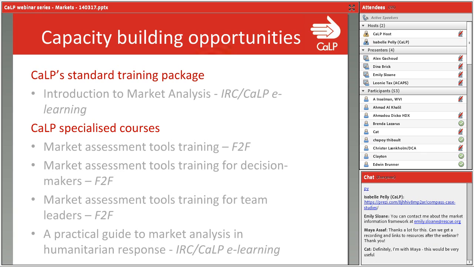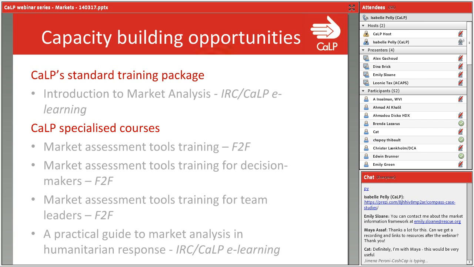So I just wanted to recap a little bit on what we've covered today. We've talked about the range of market-based programming modalities that there are, and how they might be selected in order to support the market in different ways according to the stage of the response that you're operating in.